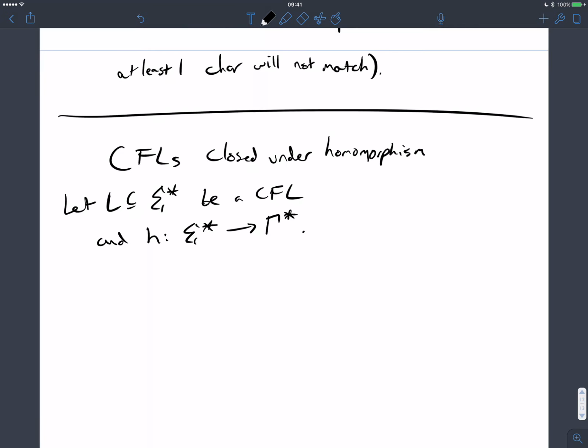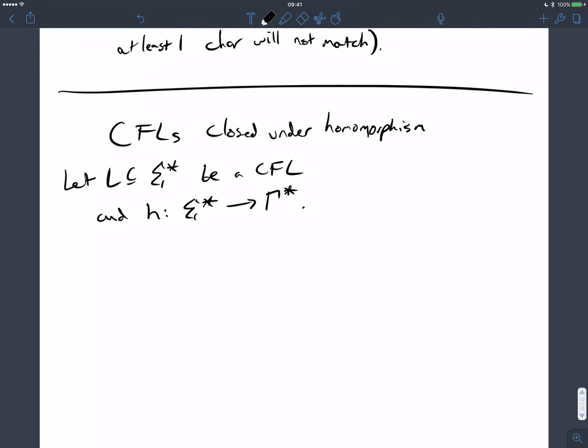Okay? Well, let's see. How do I show that? So h of L is, if you apply the function h to every string in the language, then you get h of L by definition. That's the definition of h of L.